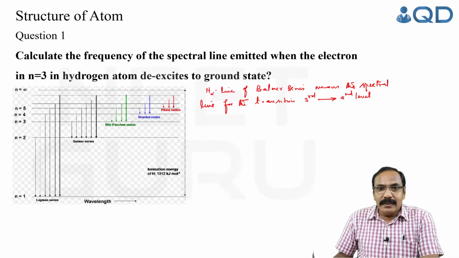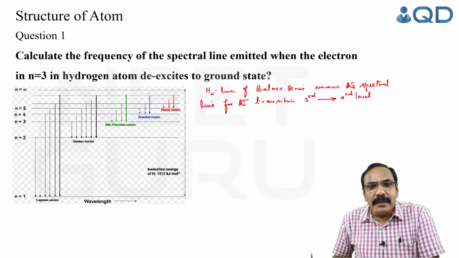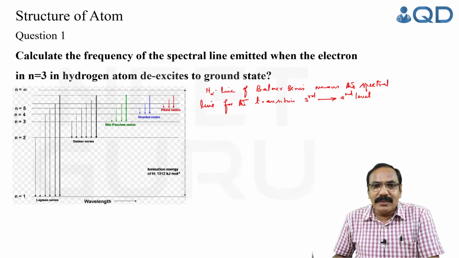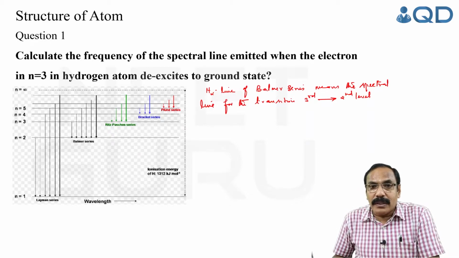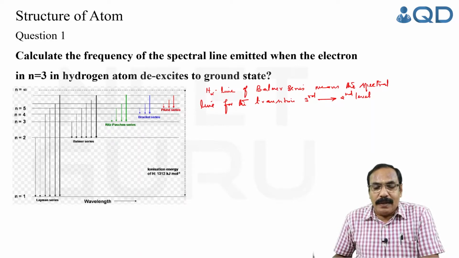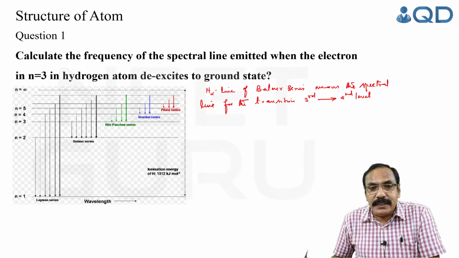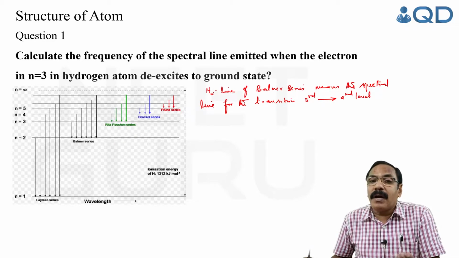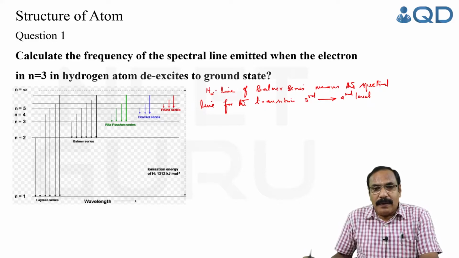Okay? Bohr very clearly found out that the energy of an electron remains constant as long as it remains in the same major energy level. Energy changes only when the electron jumps from a lower level to a higher level, or energy is emitted when the electron returns from a higher level to a lower level.